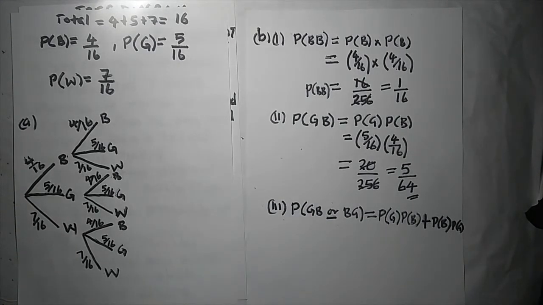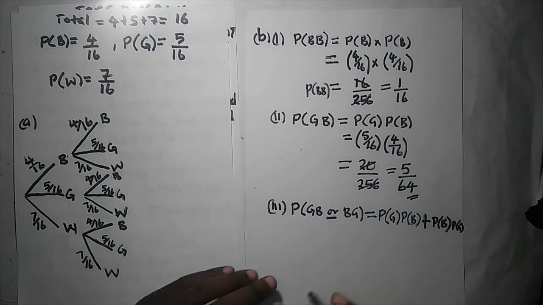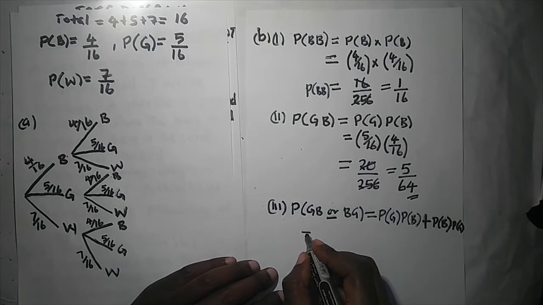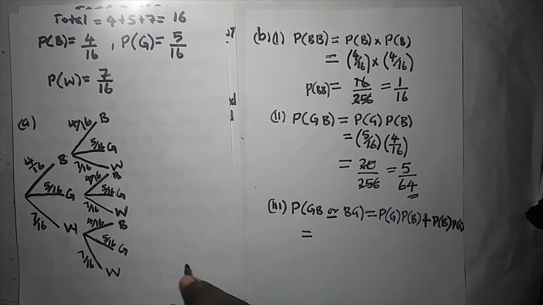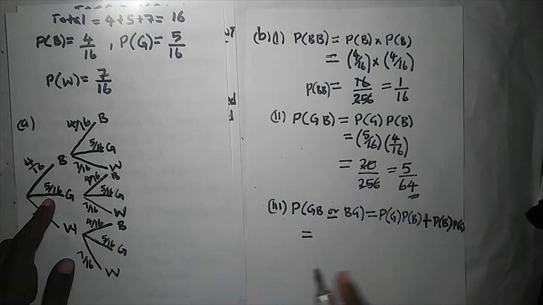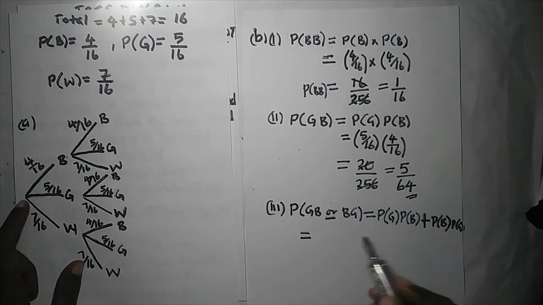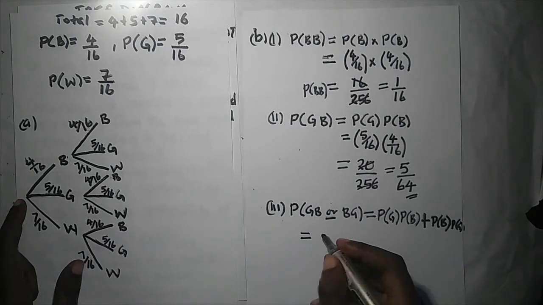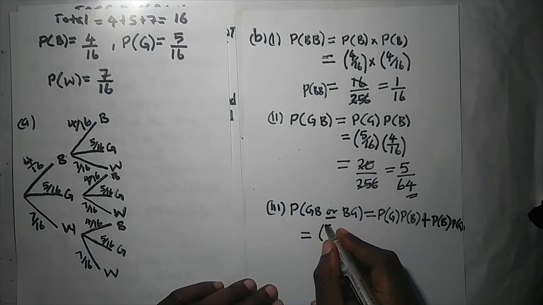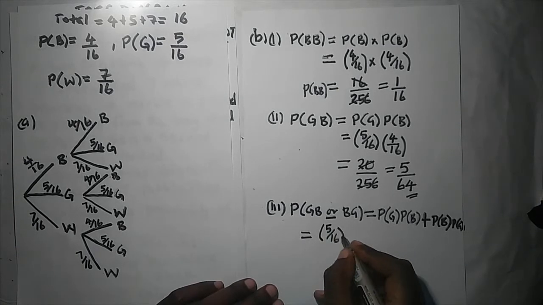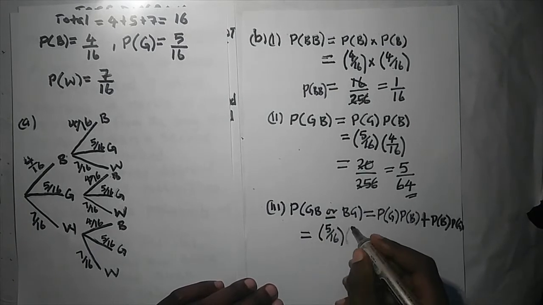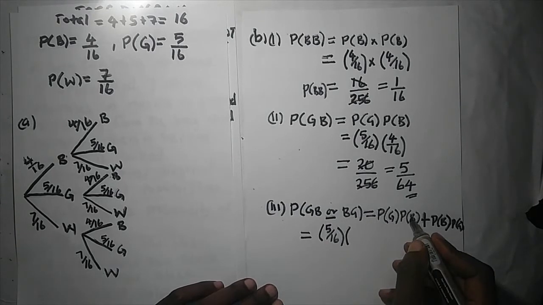Okay, so this is what we are going to have, and this is what we do when we simplify here. So here we are now going to substitute the probabilities. So we come back to our tree diagram. Here it is. Probability of green is 5 over 16. So we are going to have 5 here over 16 times probability of black.